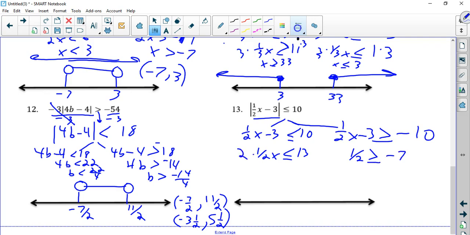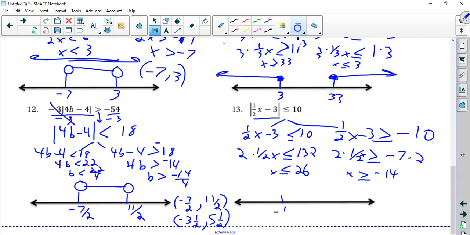Now, how do I get rid of the 1/2? Multiply by 2 everywhere. So x is less than or equal to 26. Sorry about that. And over here, oops, I got my x. I want to get x is greater than or equal to negative 14.